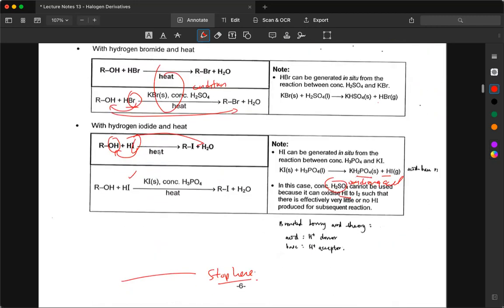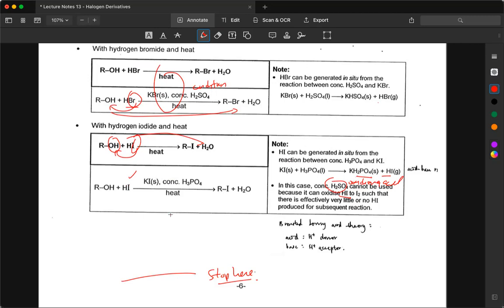As for the reaction of hydrogen iodide with alcohol, the HI is generated in situ from the reaction between concentrated phosphoric acid and KI. So when KI reacts with phosphoric acid, HI is produced, which reacts with the ROH.